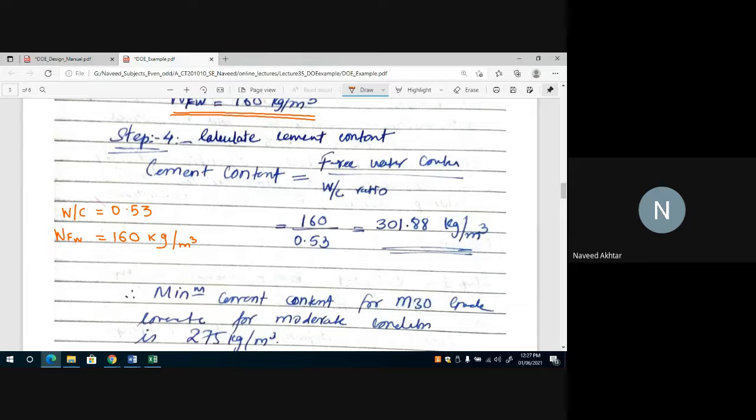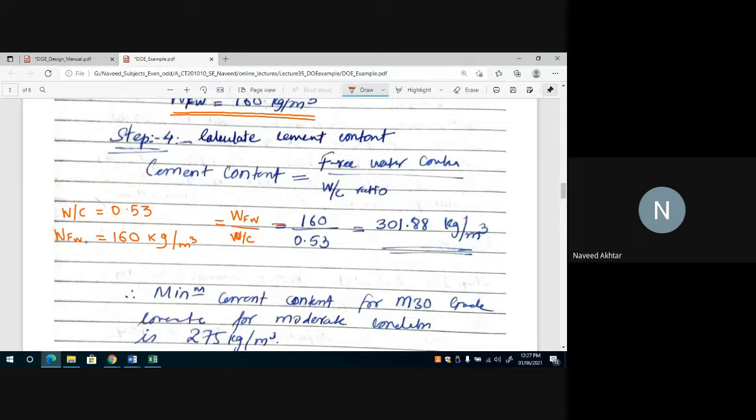If you increase cement, then the water to cement ratio will come down. So this formula is nothing but the weight of free water content divided by the water to cement ratio.